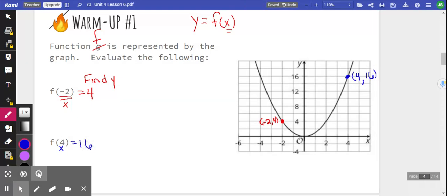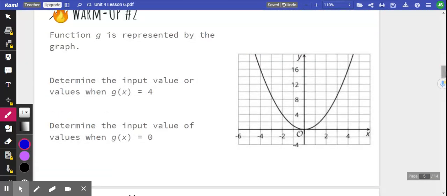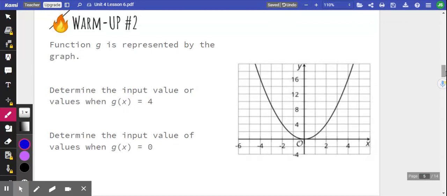Okay, so we can also go the other way too. And apparently I called these both g's. So we're going to pretend that this is now function g. It's the same graph though. So looking at this first one, now we want to determine the input value or values when g of x is equal to 4.